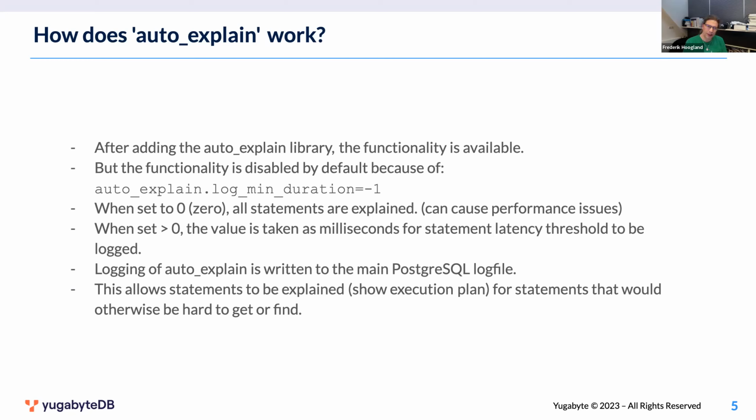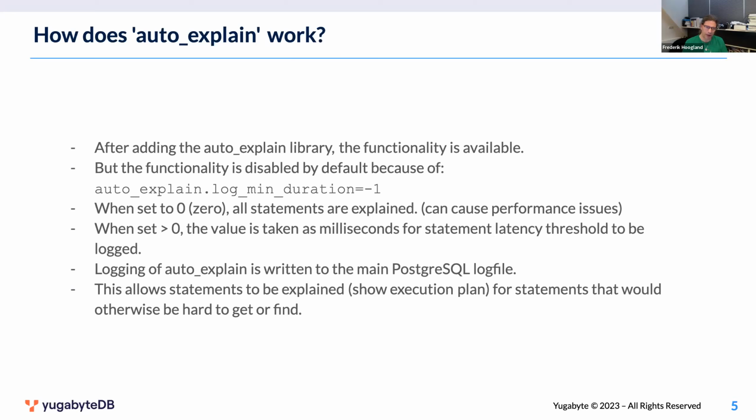That doesn't mean it's not explained. If you set this, it performs the extra work of explaining on every statement, and only if it crosses the latency threshold, it will actually be written into the file. But like I said previously, probably the overhead of that in most circumstances is quite low. Now, it's written to the main Postgres log file.